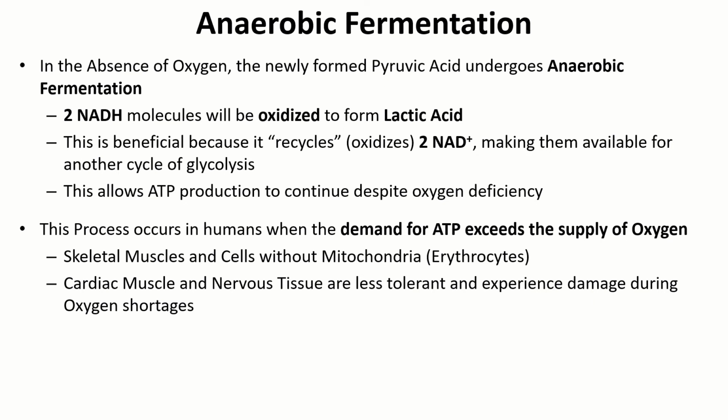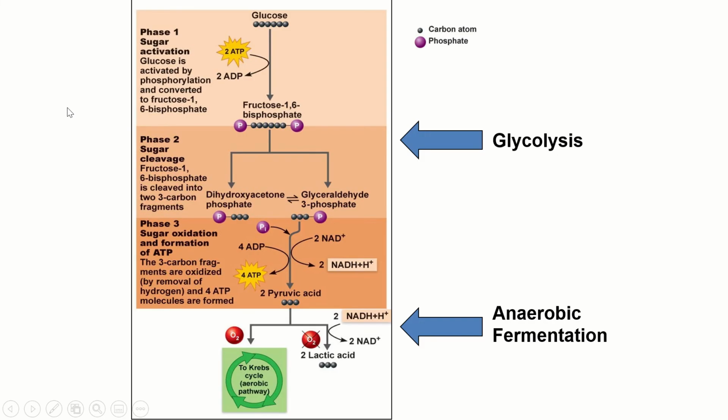Now, during this process, you actually will go through and oxidize those NADH plus H positive molecules that you just formed in glycolysis. And this is important because it helps us to recycle those coenzymes. So here they are, newly reduced. And then by actually oxidizing them, you form this NAD positive molecule that can be recycled and go back here to the initial stages of this reaction with glycolysis.